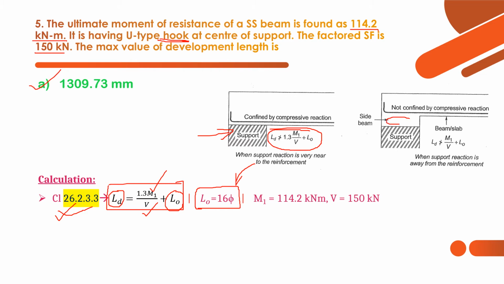If there is no compressive reaction, then we are not multiplying by that factor 1.3, just M1 by V plus L naught. That applies if the support is not confined by compressive reaction. Here they have not mentioned anything about it, so just simply assume that it is confined by compressive reaction. So that's why 1.3 M1 by V plus L naught. L naught is anchorage length. Here they are using a U-type hook, so that's why 16.5. Now let's move on to the sixth question.